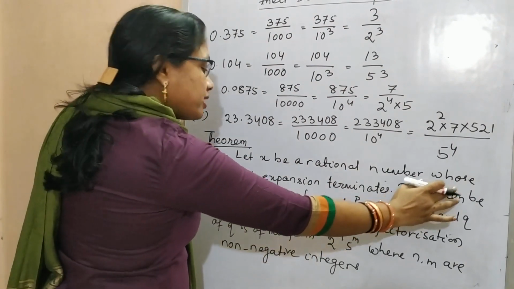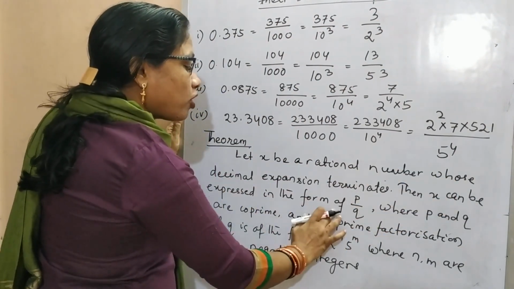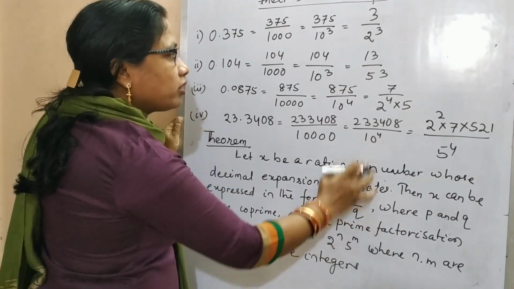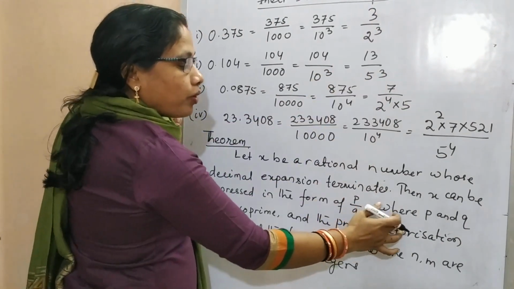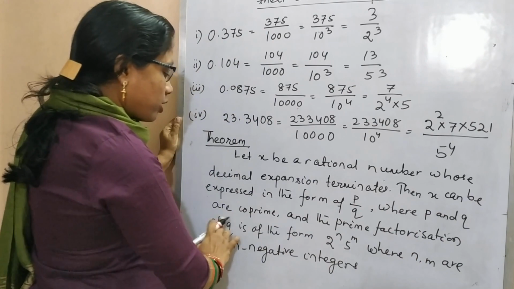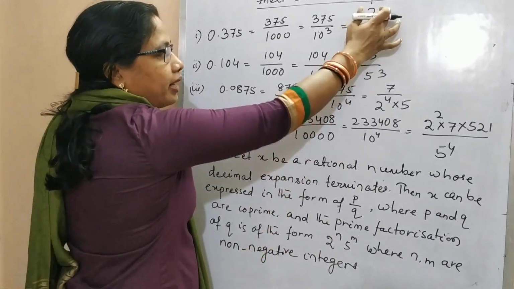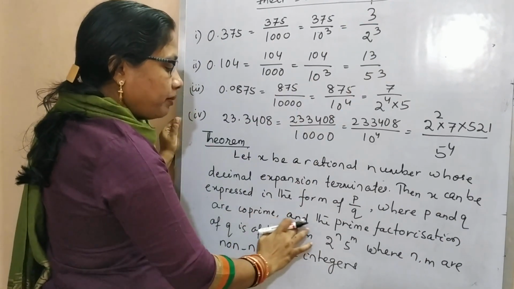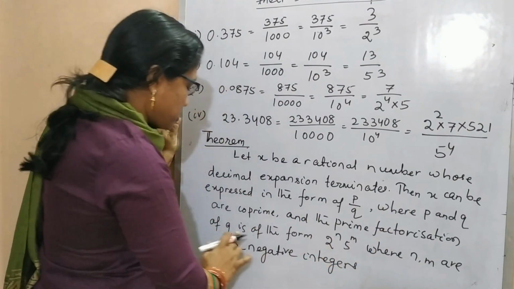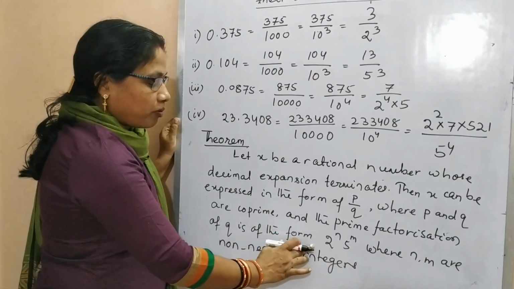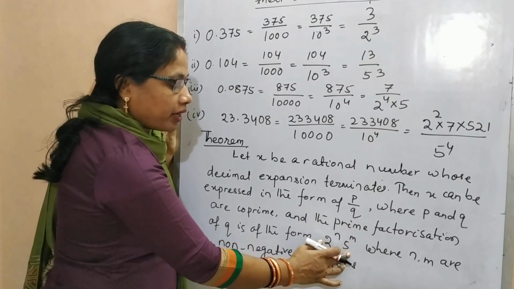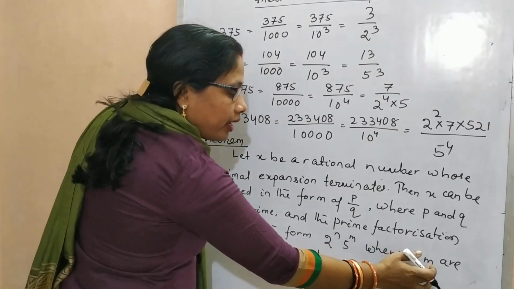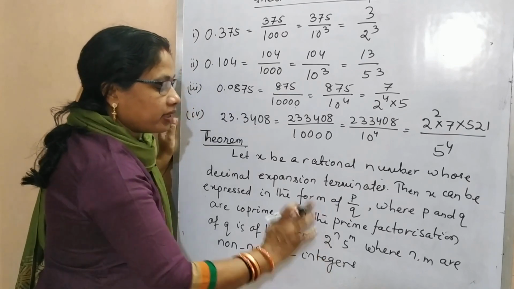Then x can be expressed in the form p by q, here 3 by 2 to the power 3, where p and q are co-prime and the prime factorization of q is of the form 2 to the power n multiplied with 5 to the power m, where n, m are non-negative integers.